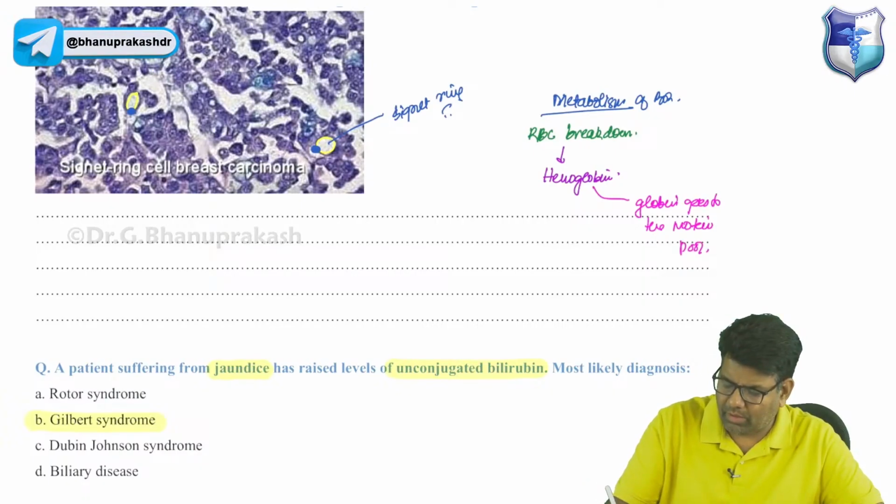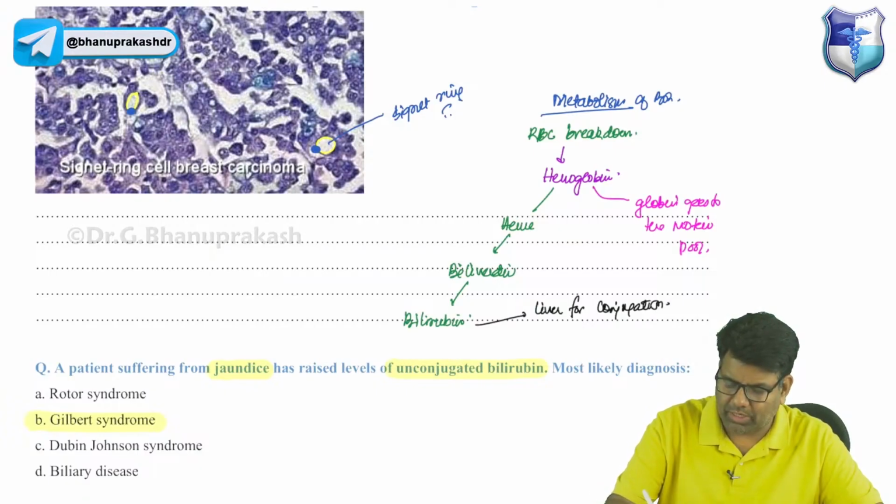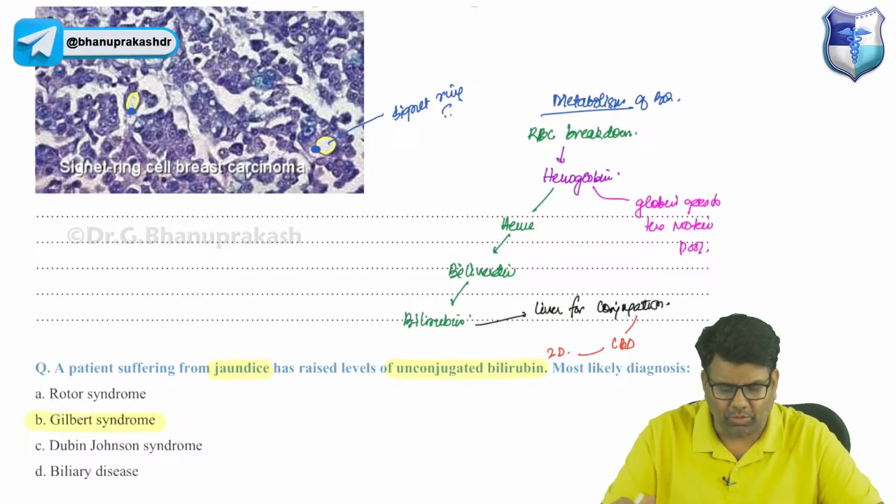Heme is broken down into biliverdin and finally into bilirubin. Now this bilirubin is taken to the liver, and once conjugated, it is sent through the common bile duct into the duodenum. Here, this is the route.